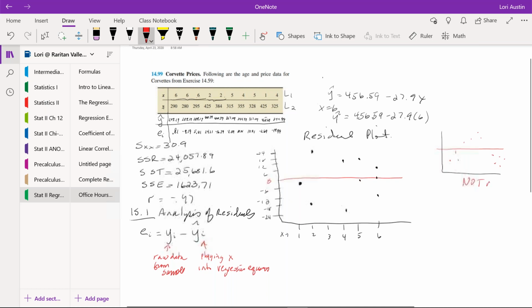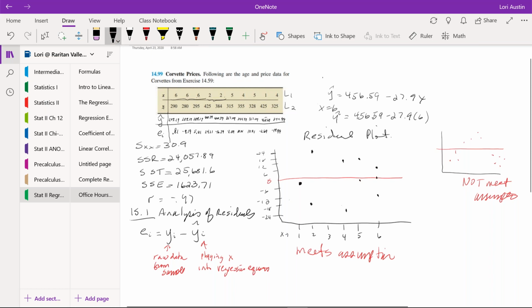This one would not meet assumptions because it's not a horizontal band that moves across. It's symmetric. Think of horizontally symmetric. So this one is horizontally symmetric. We would say yes, meets assumptions. This would be an example of not meeting assumptions.